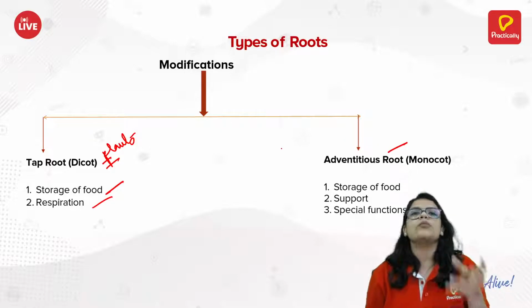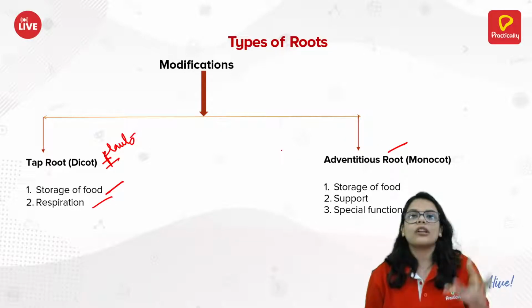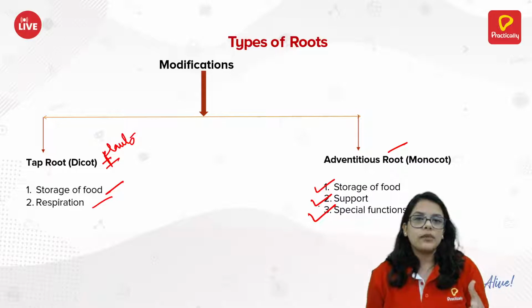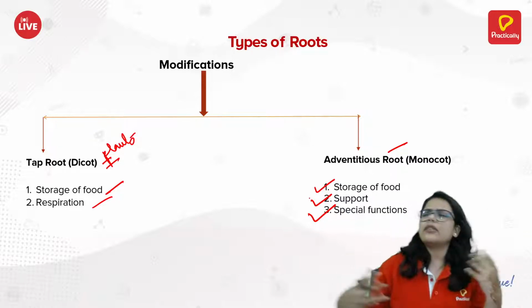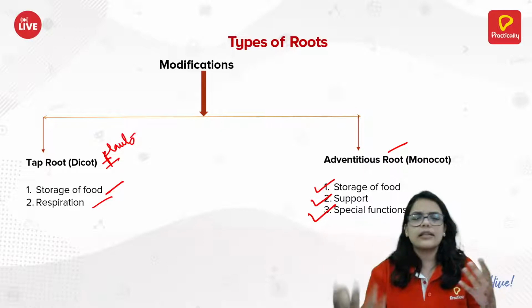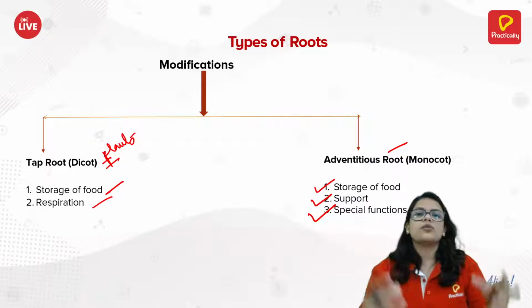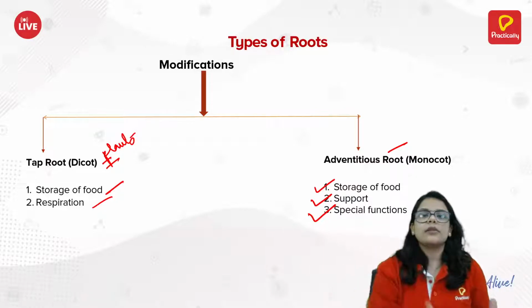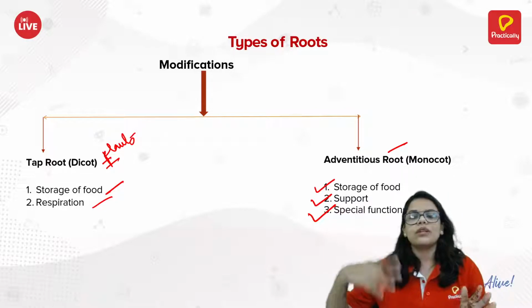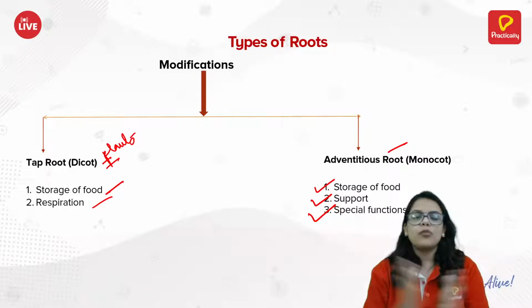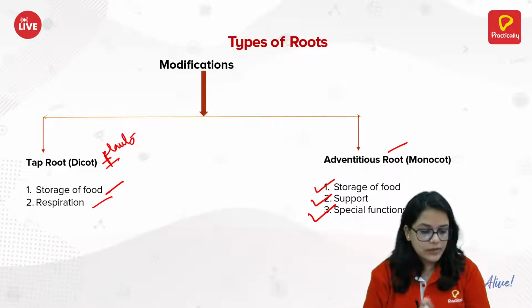These are mostly found in monocotyledonous plants, and they help in storage of food, support, special functions, etc. So this is how, as I said, each and everything has an exception. When it comes to roots, there are modifications. Sometimes they store food, sometimes they help in respiration, sometimes they store food and support and do special functions also. So this is how roots can be modified in different kinds of plants.